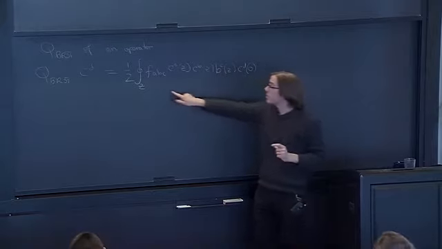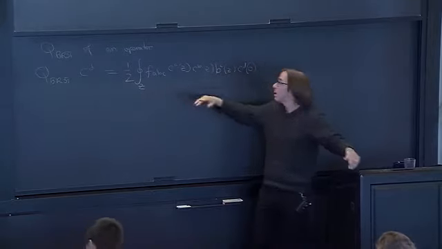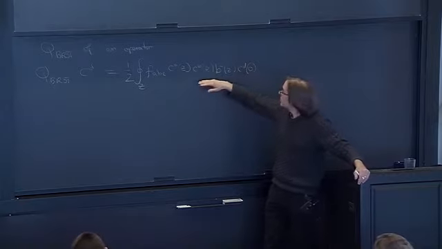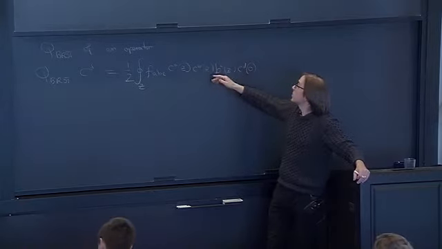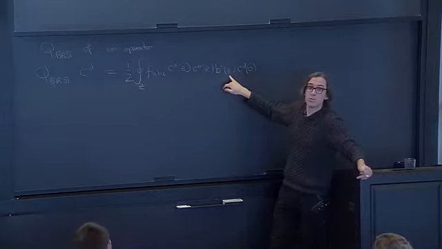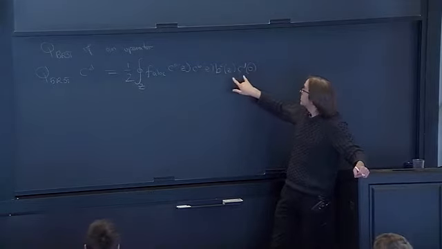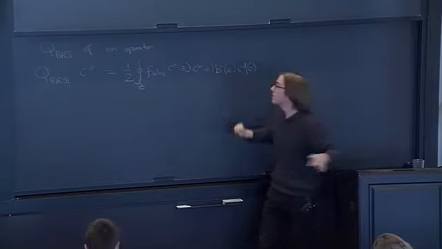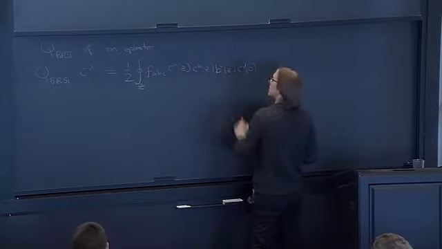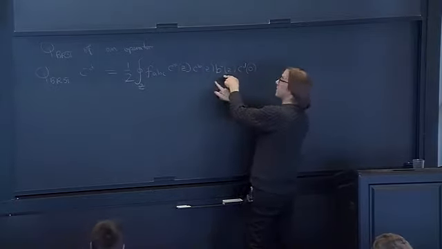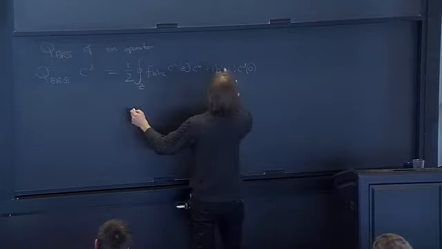Well, I'm doing a contour integral over z. So the only thing that will contribute will be anything involving a 1 over z. We'll get a 1 over z only by contracting this with this. I can move this past there and I'll pick up a factor of 1 over z times delta.